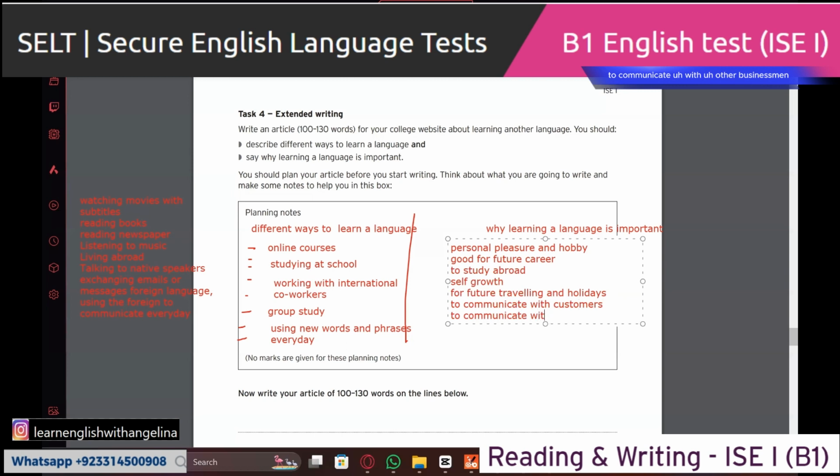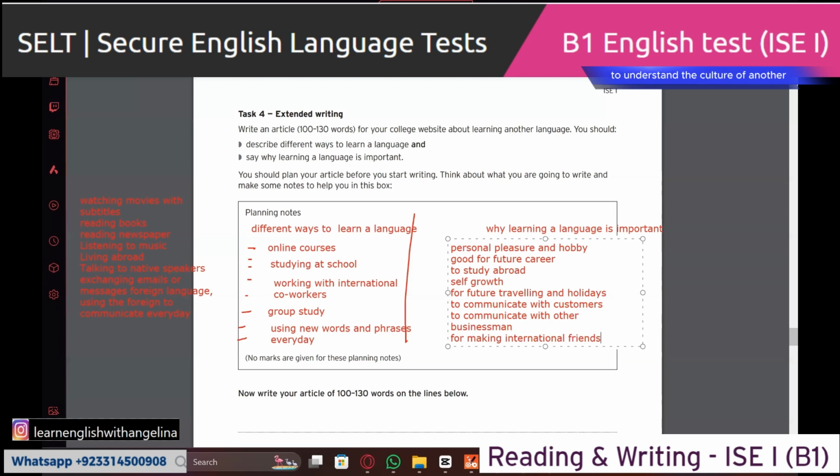And also I think for making international friends, and more. Career growth definitely is there.